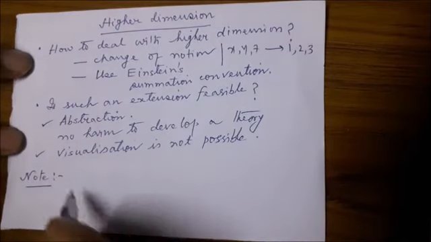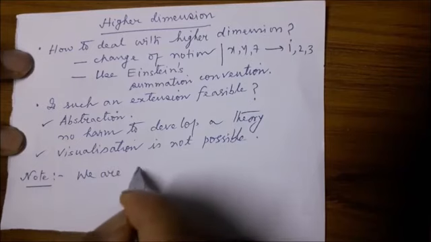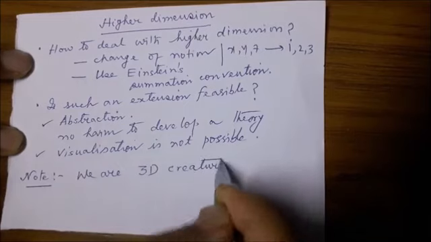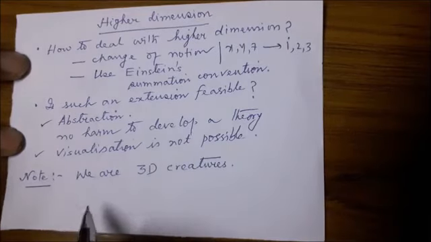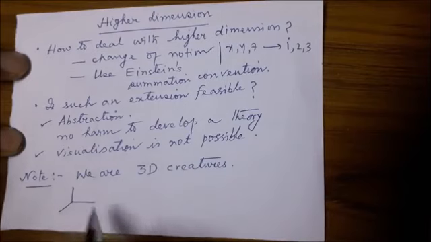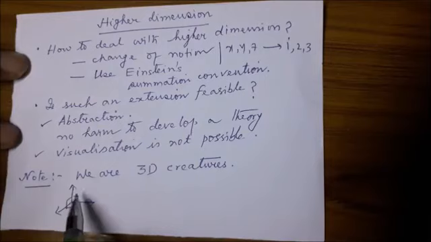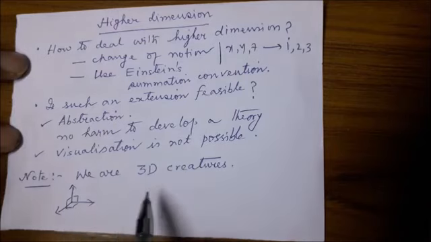Let us note that we are 3D creatures, and to us 3 dimensions are meaningful and 3 axes can be set at 90 degrees mutually, and we cannot think of any other direction that makes 90 degrees with all these 3 axes. So in that sense, we cannot visualize a 4 space or 4D.